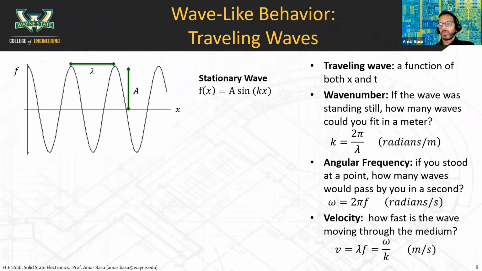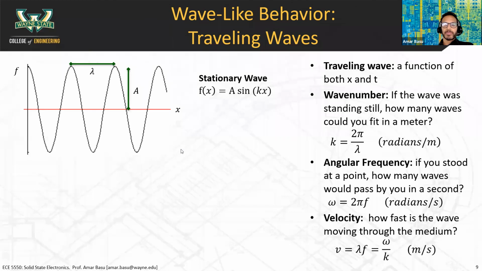That is the definition of the wave number. So the wave number is intimately related to the wavelength. It's inversely proportional. Higher wave numbers mean smaller wavelengths. Okay, so far so good.